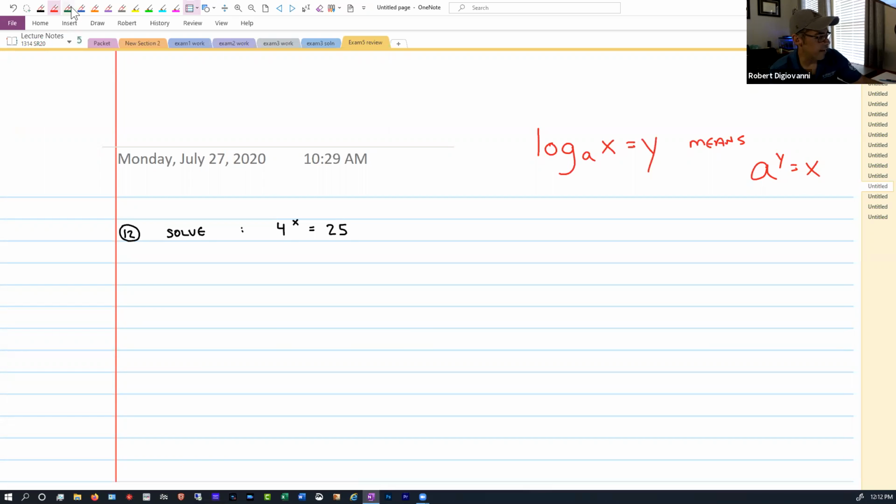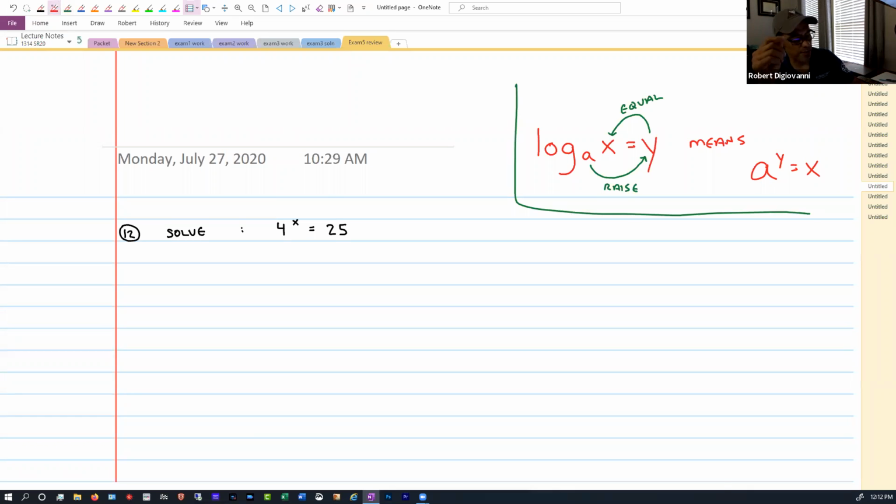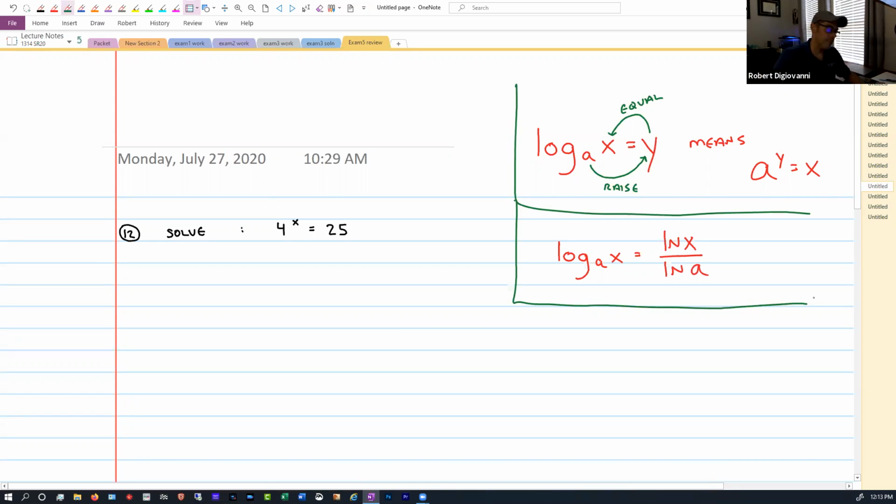And I talked to you about this idea of a loop, that a raised to the other side of the equation must equal what's inside there. That was the first thing you need to know to solve these equations. The second thing you need to know is the change of base formula, that says log base a of x is equal to this thing that's on your calculator, this natural log key. Those are the two things we need in order to solve these equations.